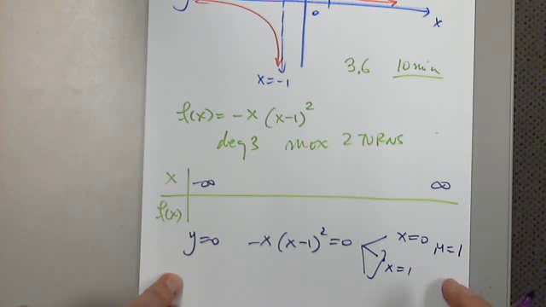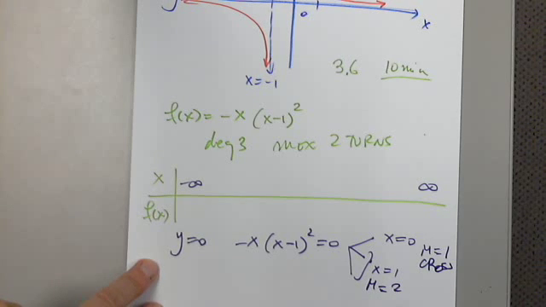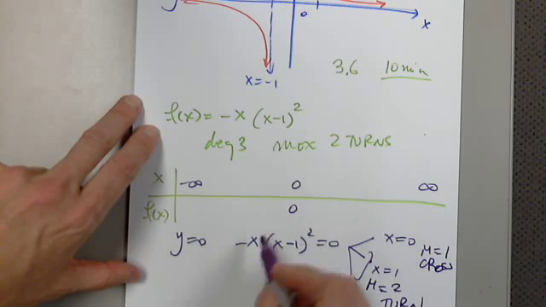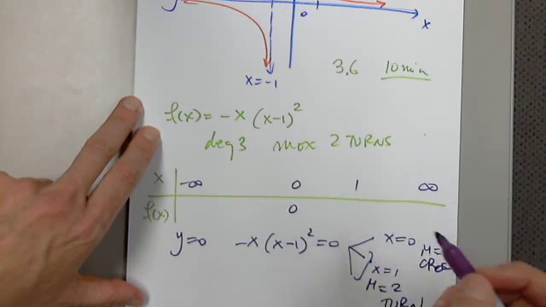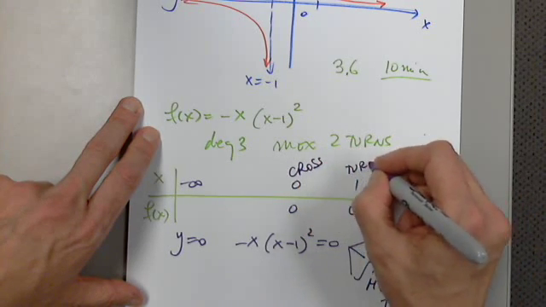Perfect. What will the function do there? Very good. What is the multiplicity of x equals 1? 2. What will the function do there? Yes, turn. Very good. Awesome. So for 0 it is 0, and for 1 it is also 0. This is a cross, and this is a turn.